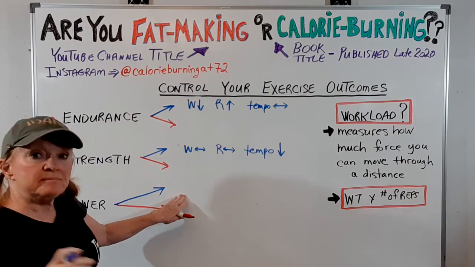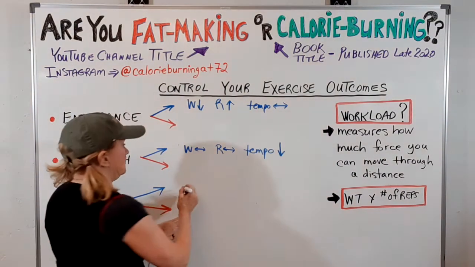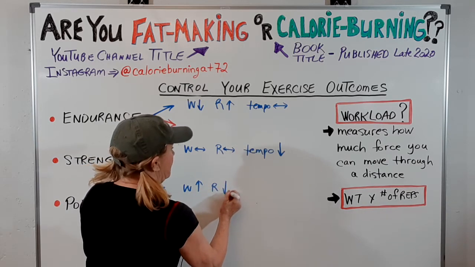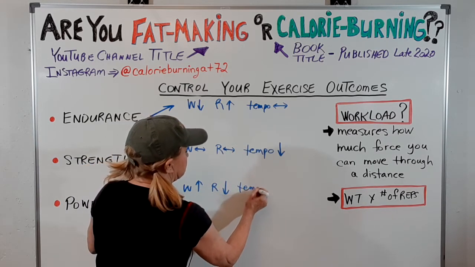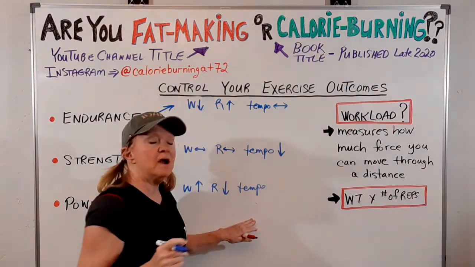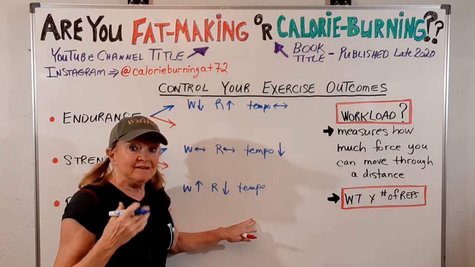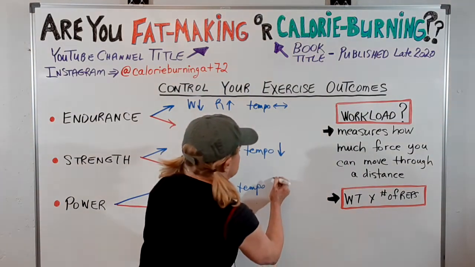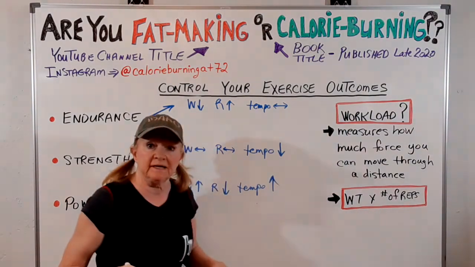And down here in power, we're different again. We're going to have high weight, low reps. And remember, I said that power involved the shortest period of time. So we want to be able to do this very quickly.